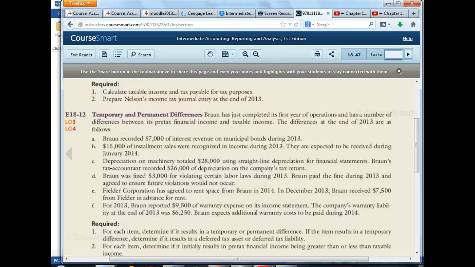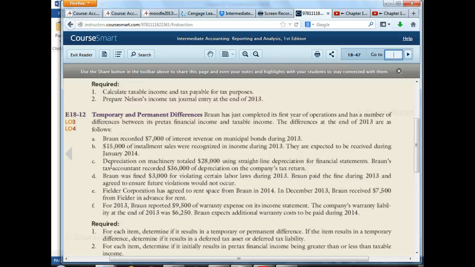Thank you. So, Ron recorded $7,000 interest revenue on municipal bonds. Now, you guys might not know this, but municipal bonds are not taxable by the IRS, okay? It's basically a bond issued by a city or a state, usually a city, and they're not taxable by the government, IRS, Internal Revenue Service.